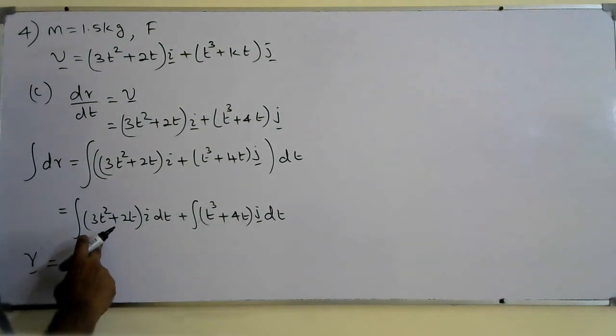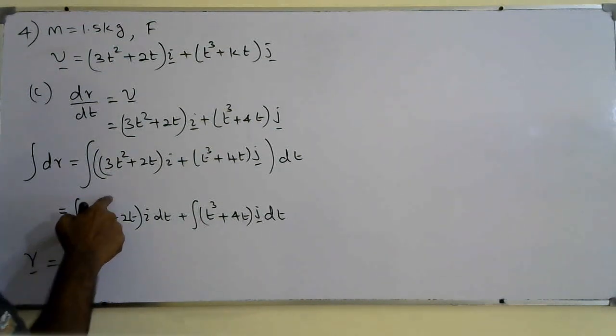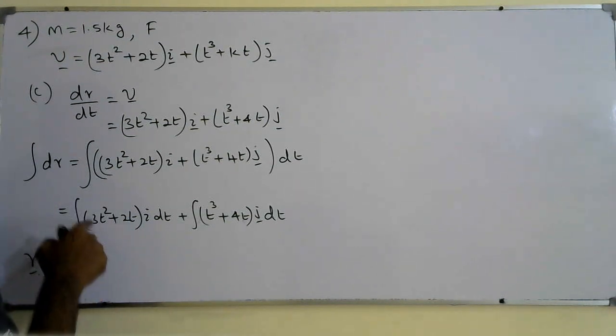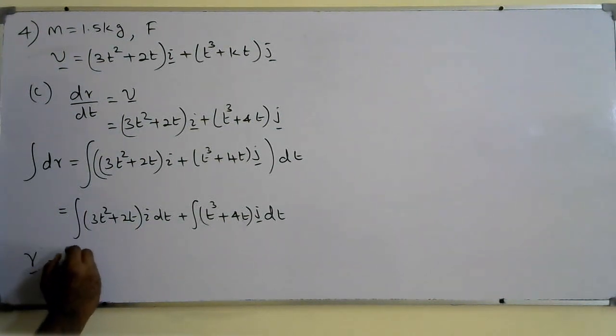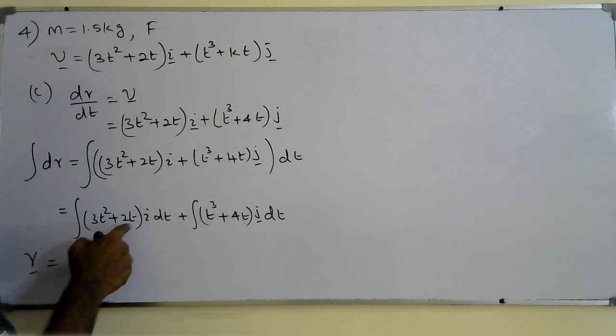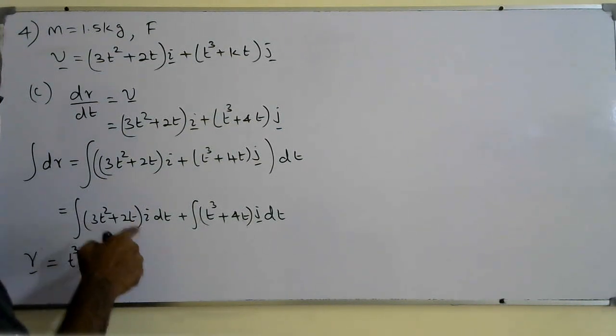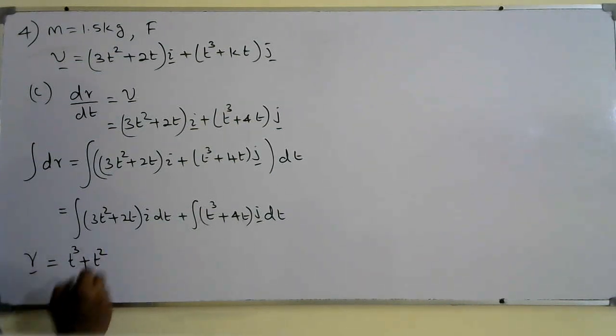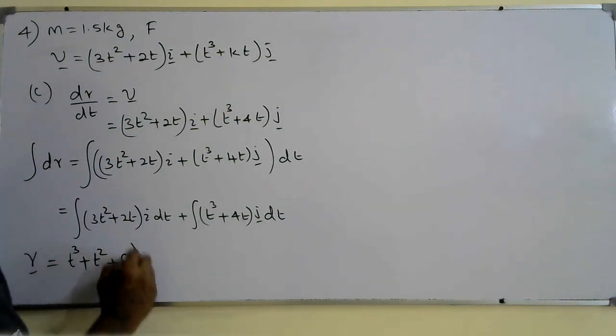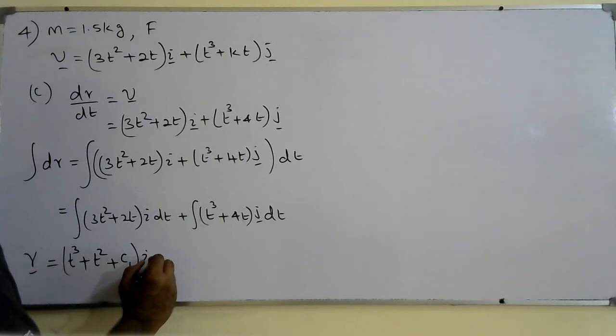When we integrate, it's going to be 3t cubed over 3. When you integrate t squared, it will be t cubed over 3. That 3 and this 3 get cancelled. So t cubed plus, the integral of 2t is t squared by 2, and that 2 and this 2 get cancelled, so t squared plus a constant c1, i.